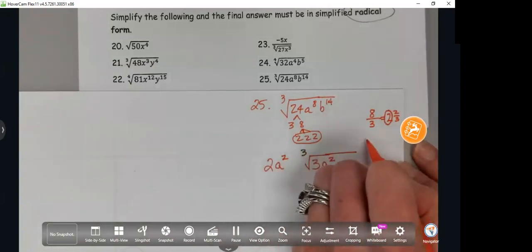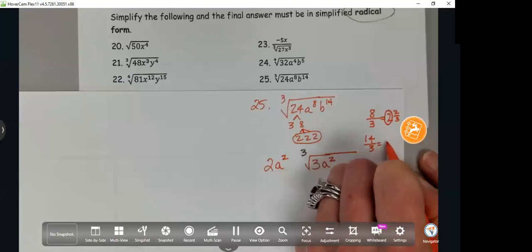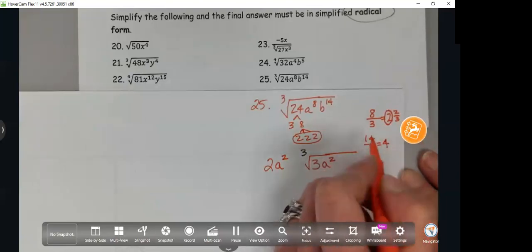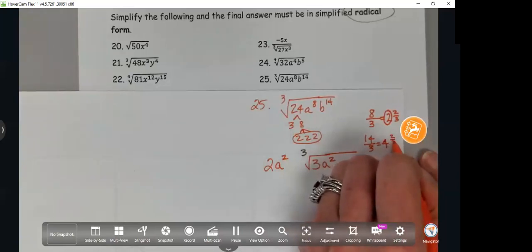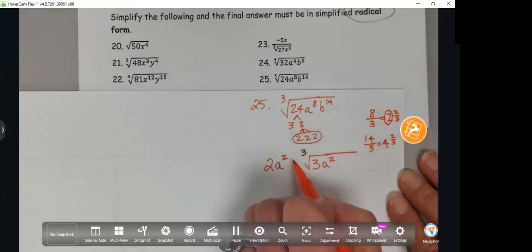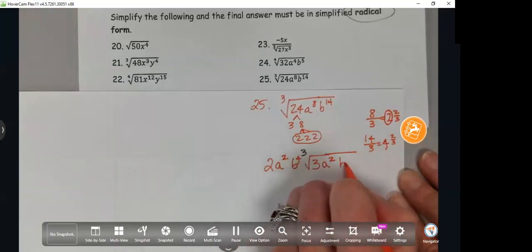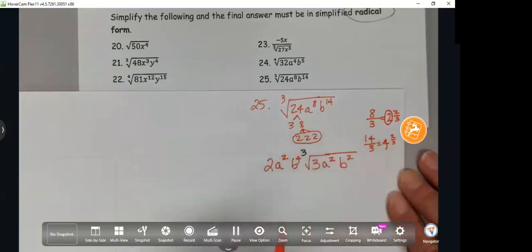And then 14 divided by 3 is going to be 4, right? 3 goes into 14 4 times, and you're left with 2. So this is going to be b to the 4th, and I'm left with 2 b's.